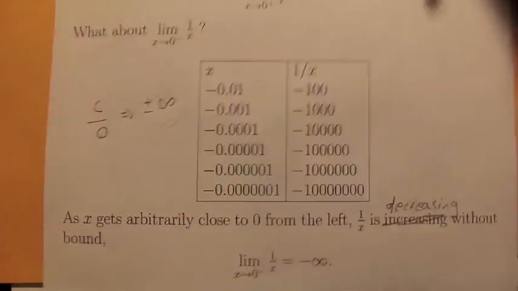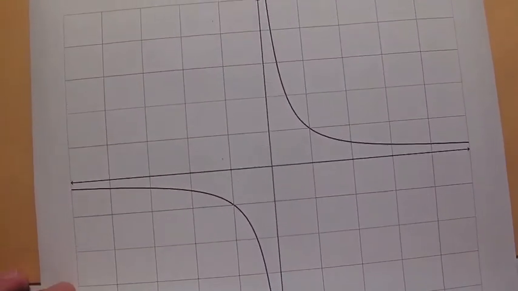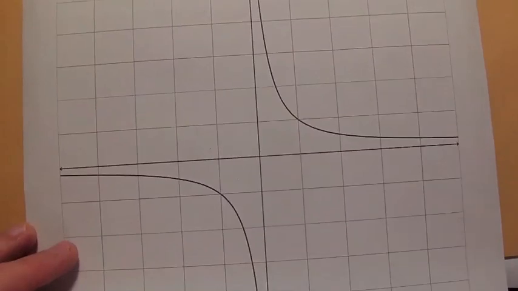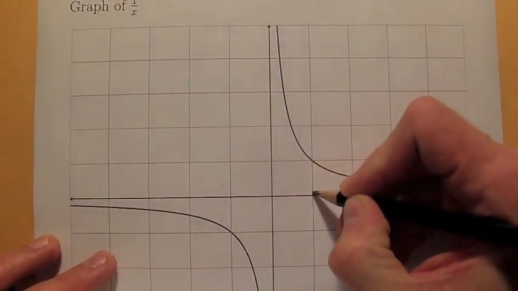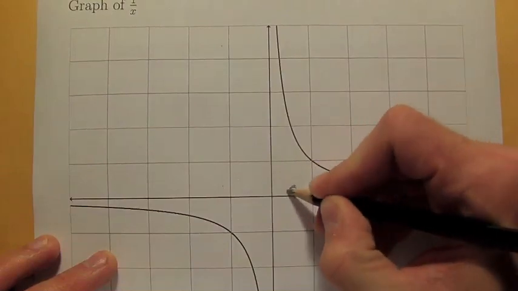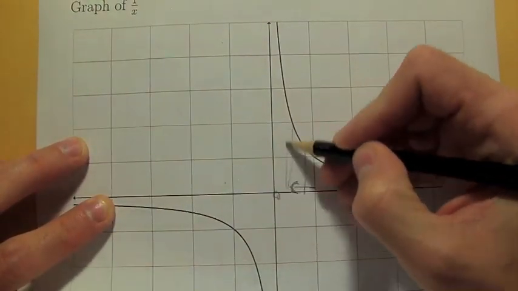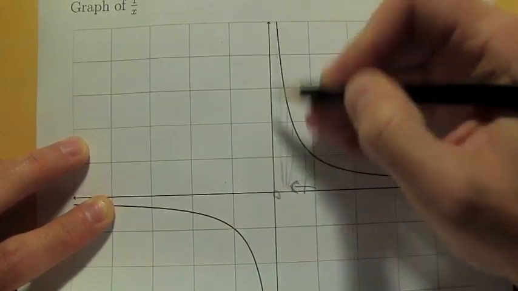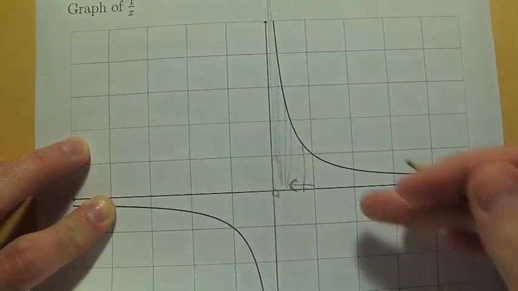Okay, so I have the graph of 1 over x here. We can see that. It's kind of big, but as we see here, as x gets closer and closer to 0, the y's are getting arbitrarily large until finally they're just going right off the page.